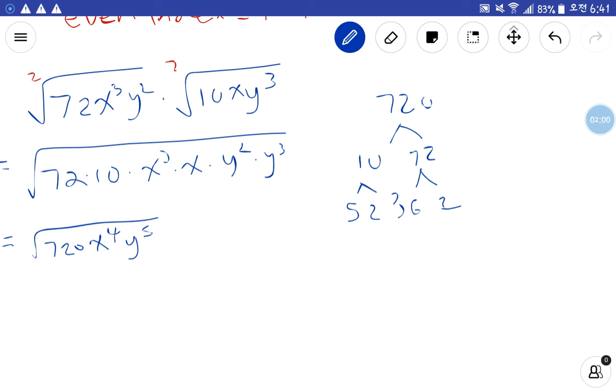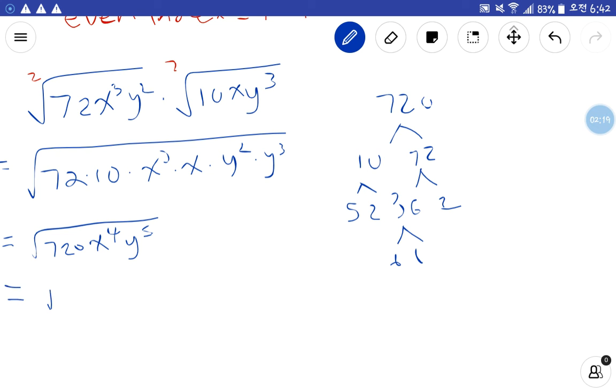Now, what do we have? 5 and 2 is already done. And then 36 and 2, 36, I can write down as 6 times 6.